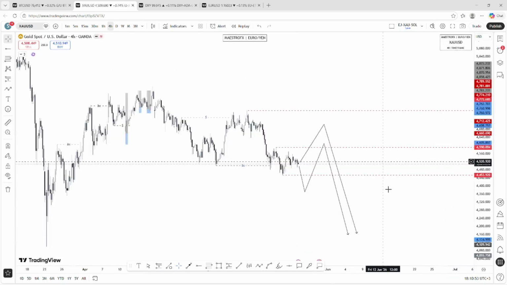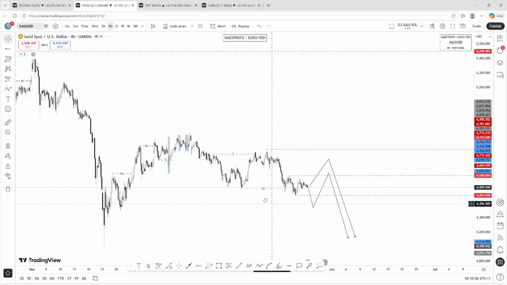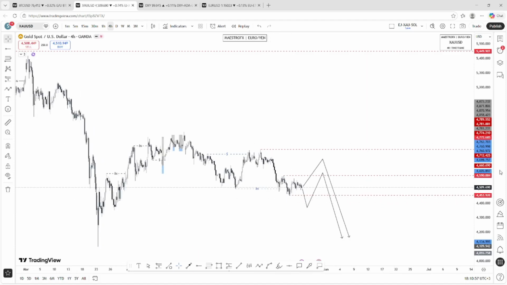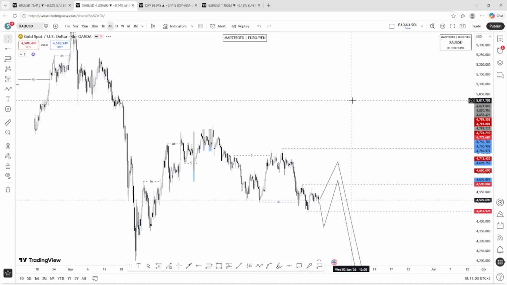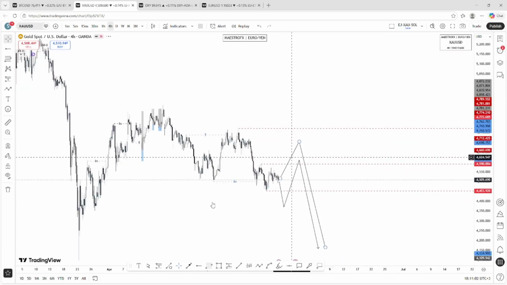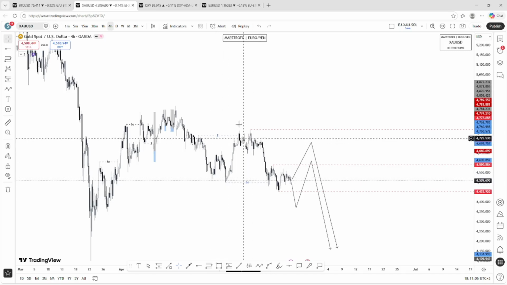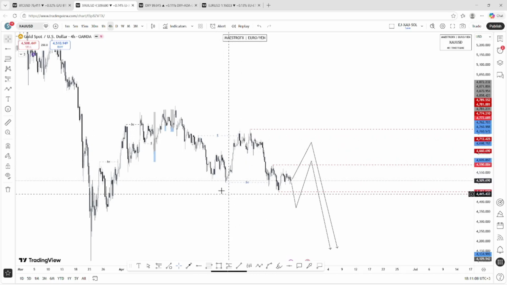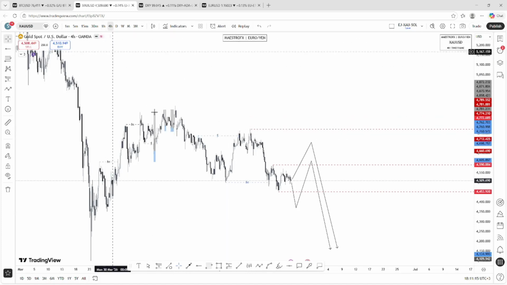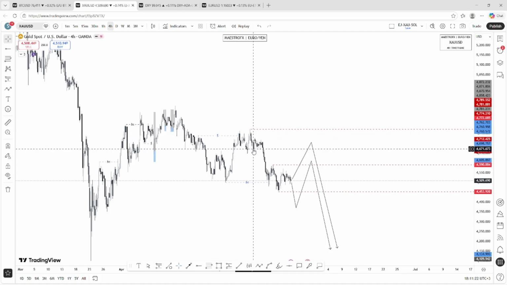Let's go to the 4-hour. As I anticipated last week, I was anticipating that we will have this liquidity before we get, and yes, we did get a swipe, a volume swipe.